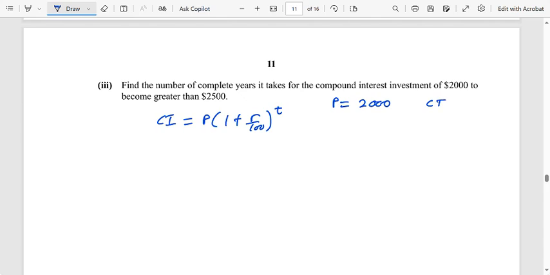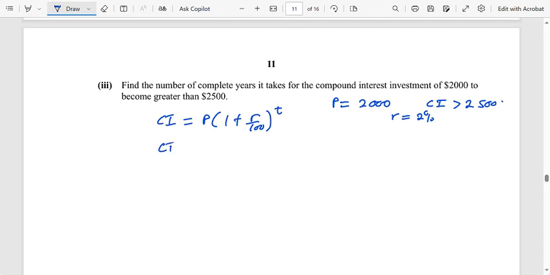What we need to see is the value of the investment, which is CI, to be greater than 2,500. The rate, in this case, we just assume is still 2%, because we are still assuming it is the same since we haven't been updated with the new rate.